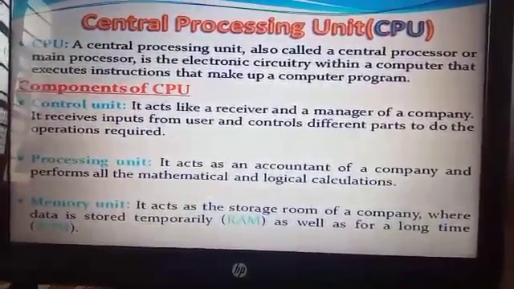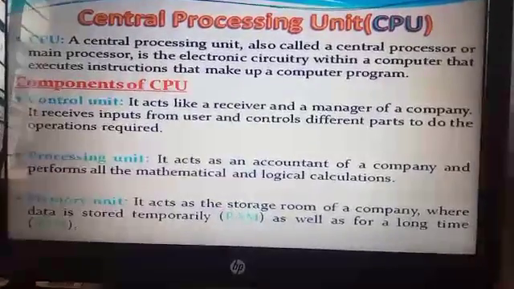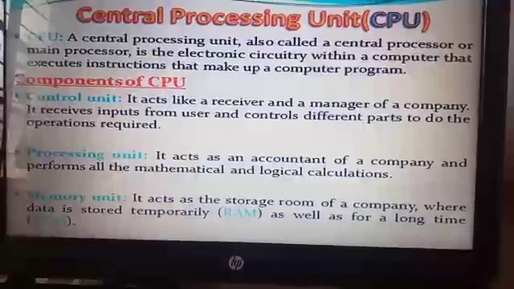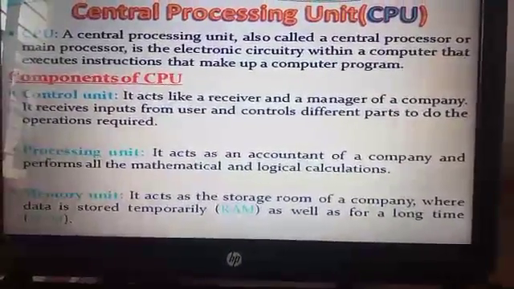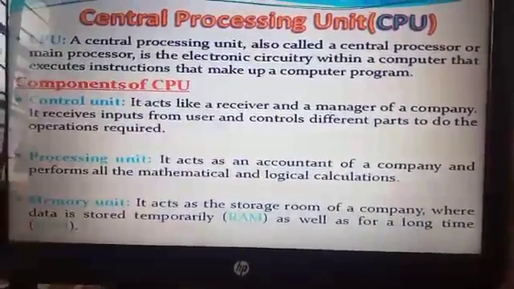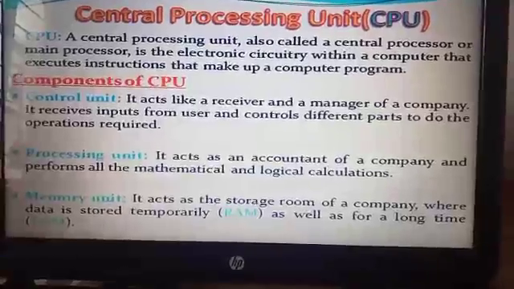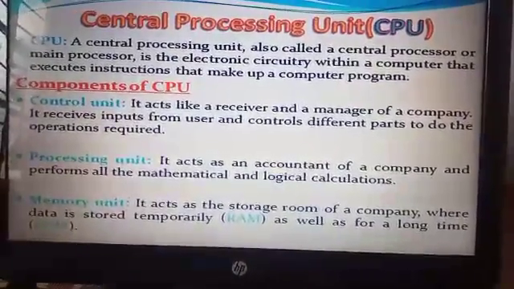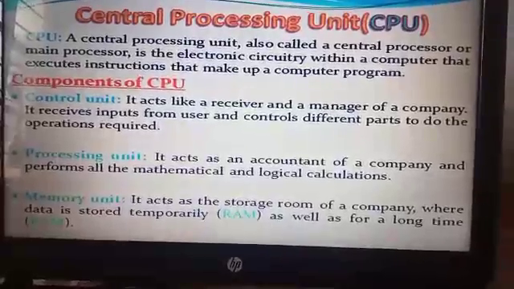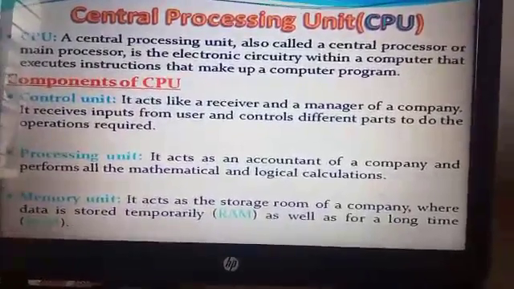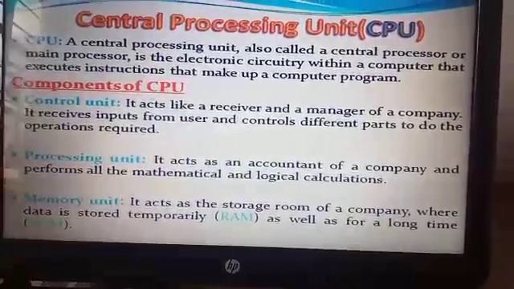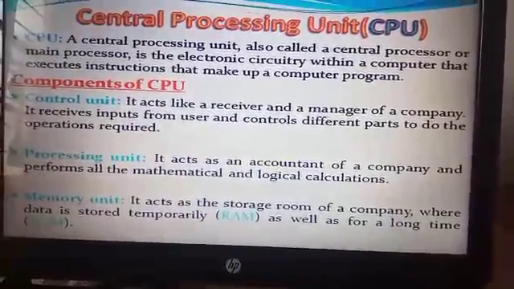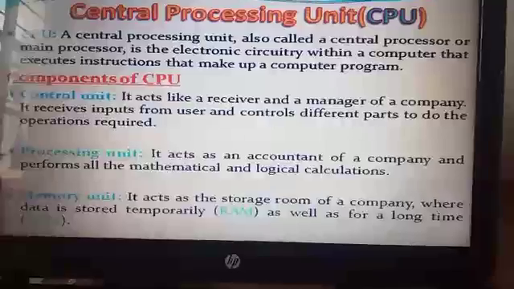Students, the processing unit acts just like an accountant of a company, in different places and institutions, performing account-related operations.